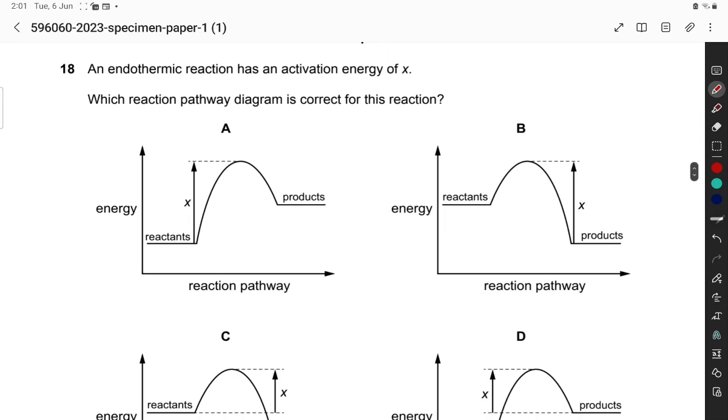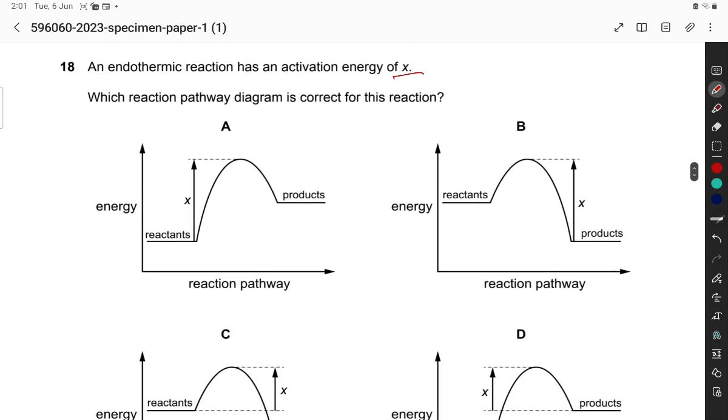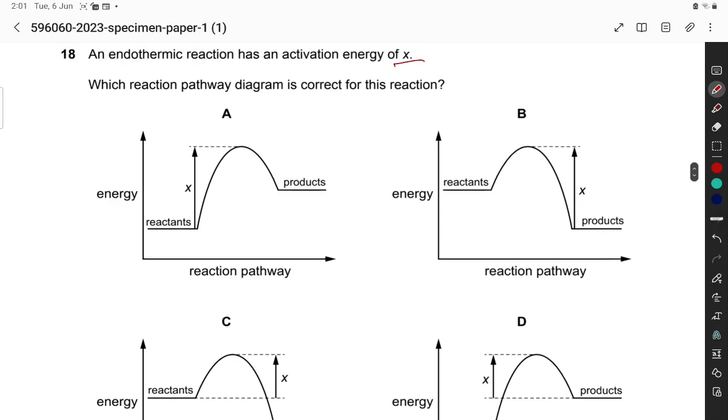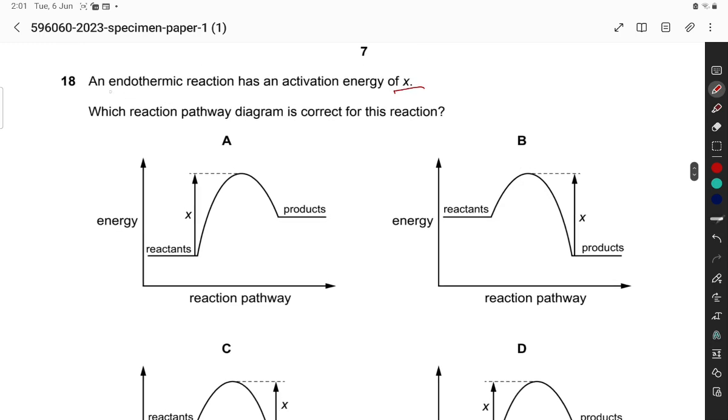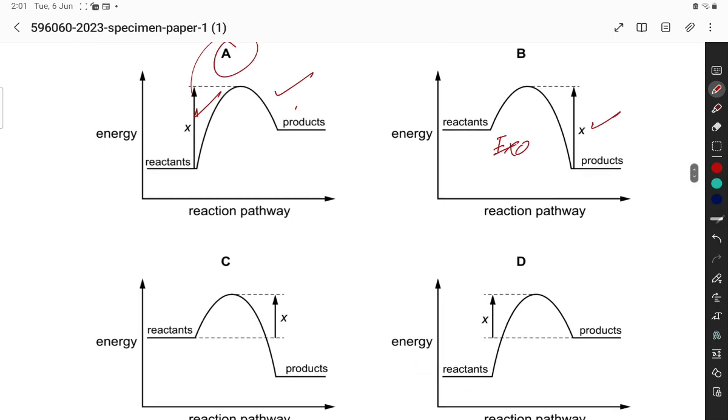Question number 18. An endothermic reaction has an activation energy of X. Which reaction pathway diagram is correct for this reaction? This is an endothermic reaction, and this activation energy is correct. A option must be correct. This has the activation energy correct, but this is an exothermic energy profile diagram.